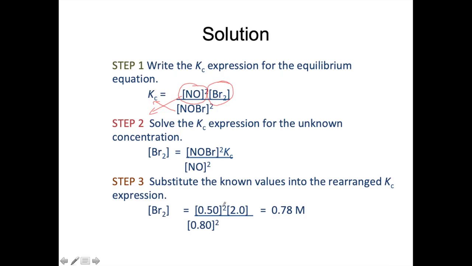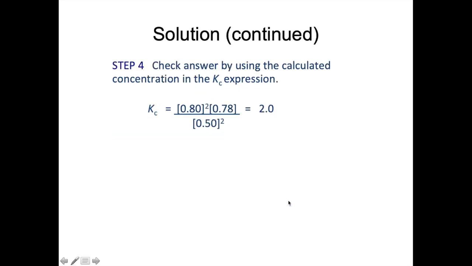Plug those numbers in, and don't forget to square your value of NOBr and square your value of NO. That should give you the concentration of bromine. If you want to check your work, set up your Kc expression, plug that answer in along with the other concentrations, and see if you get the number that the question gave you for Kc. If you did, then you probably did this correctly.